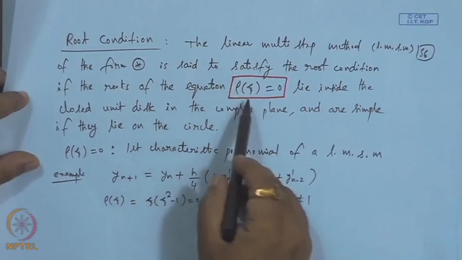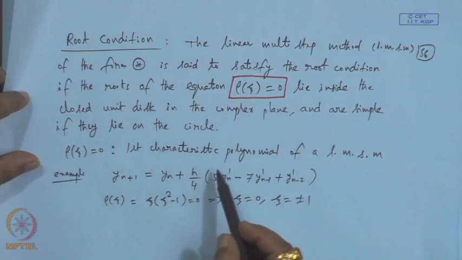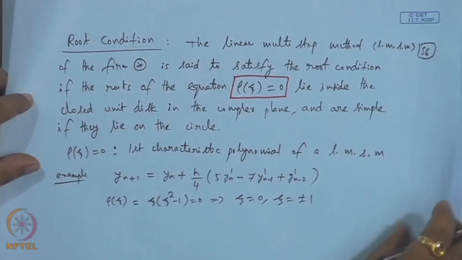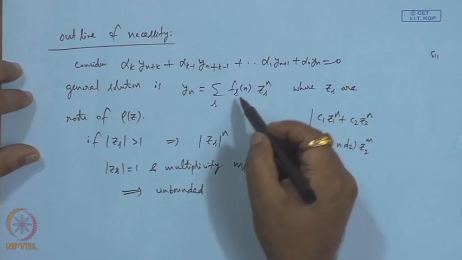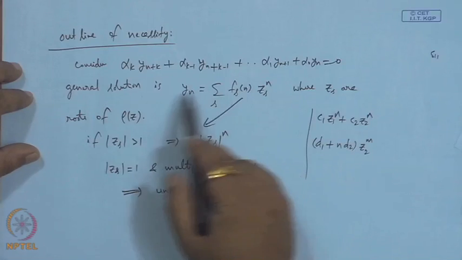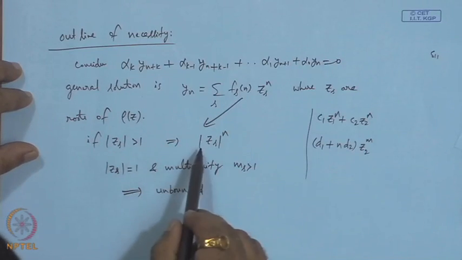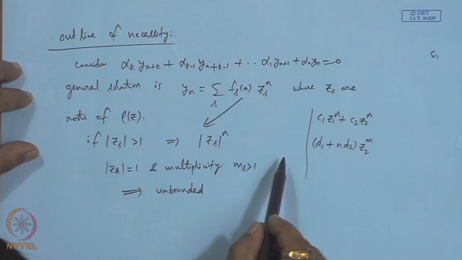So, what has the root condition to do with this? This is the first characteristic polynomial and you compute the roots, then depending on the behavior of the roots, the solution behaves. How is it possible? From here the general solution is of this form. If the magnitude of a root is larger than 1, there is a chance that it becomes unbounded.